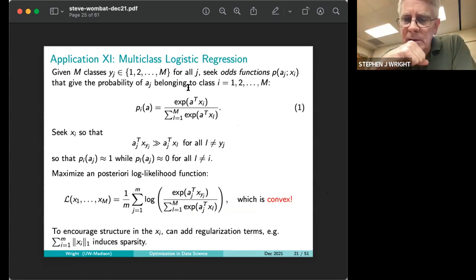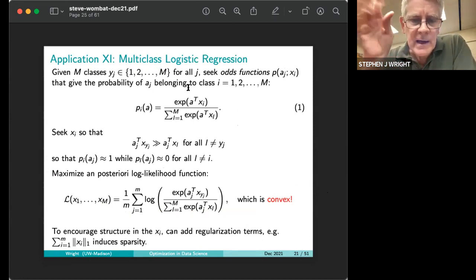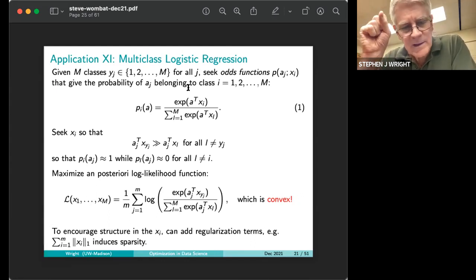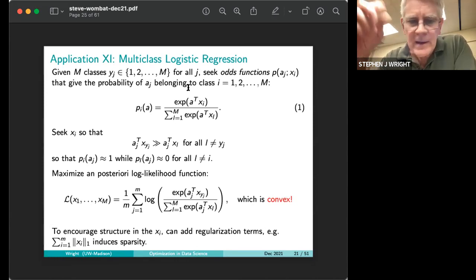If I give you a feature vector A, you'd like to come back and say, okay, there's a 76% chance it's in class 10, there's a 20% chance it's in class 2, and there's a 4% chance it's in class 103, and a negligible chance that it's in any other class.